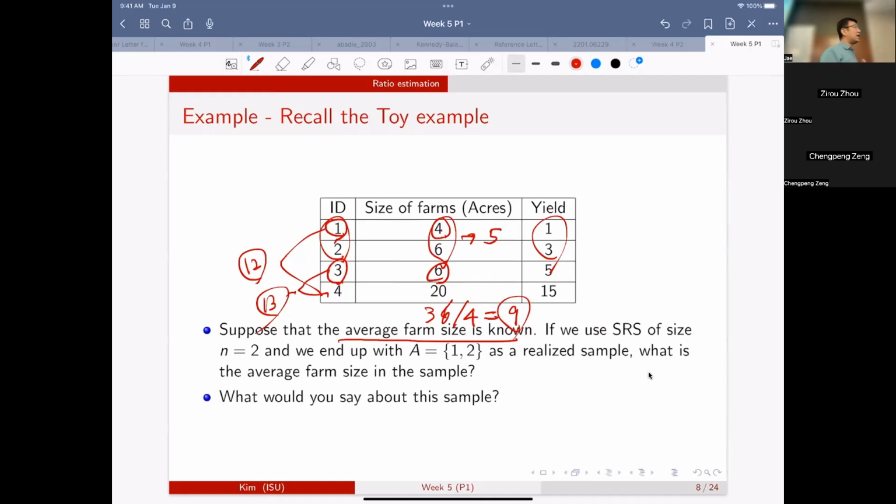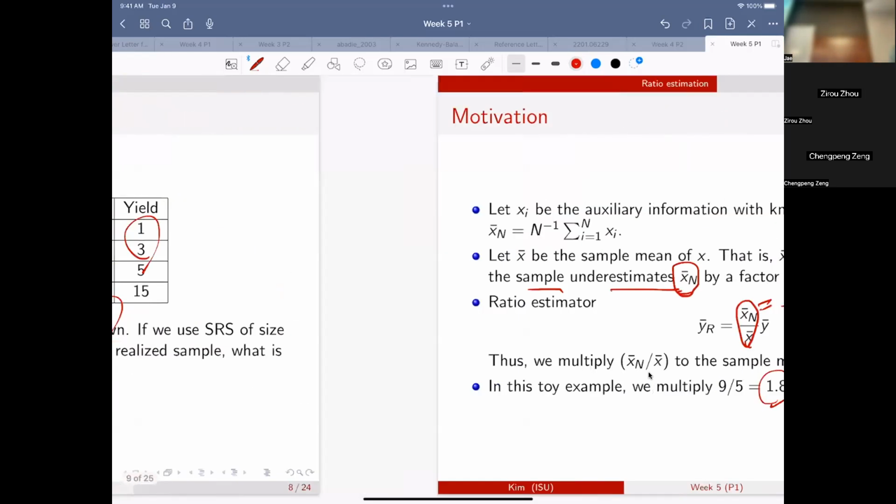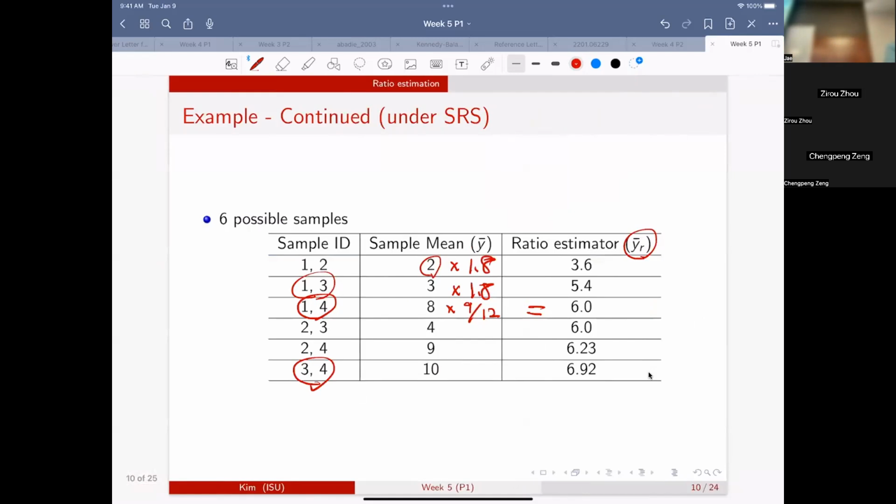So I know that I happen to oversample the bigger ones, so it's better to downweight this way. So that basically is the idea.